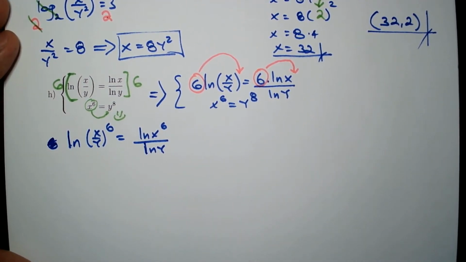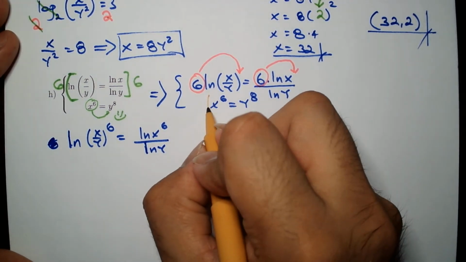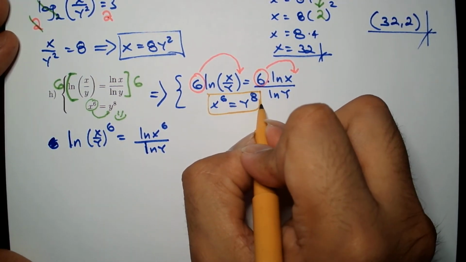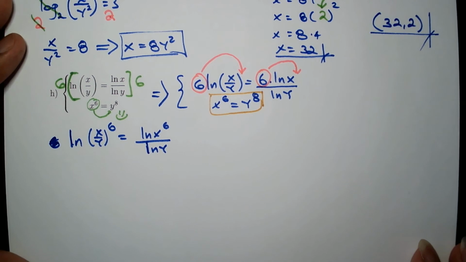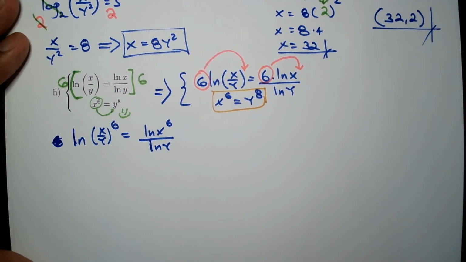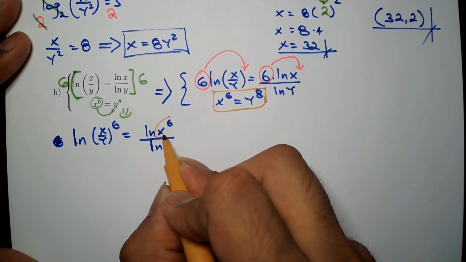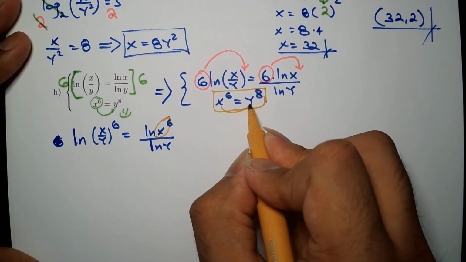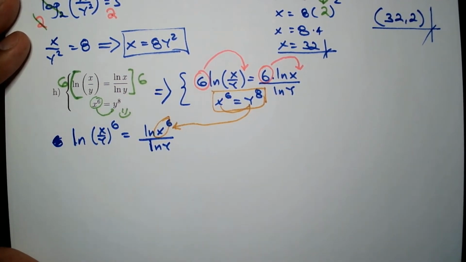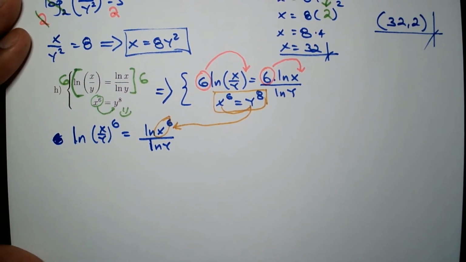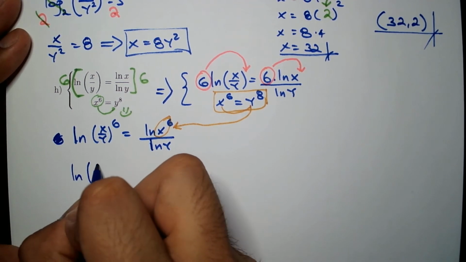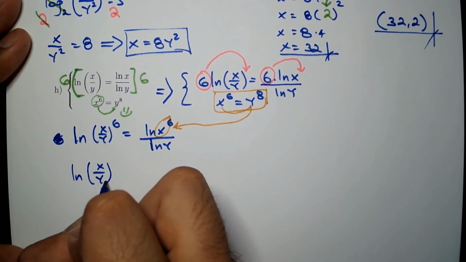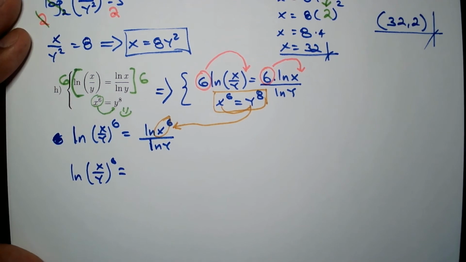Now we are going to use the second equation to write everything in terms of y. So x to the 6th equals y to the 8th power. So ln of x over y to the 6th power.